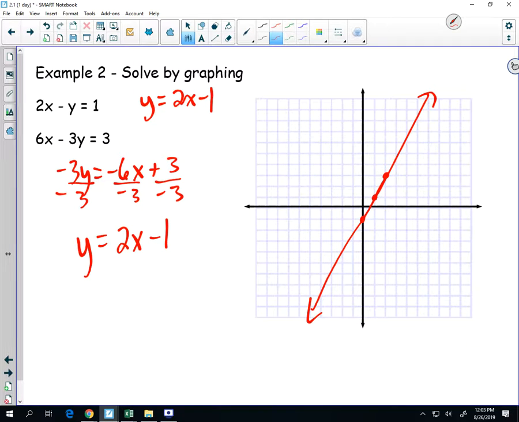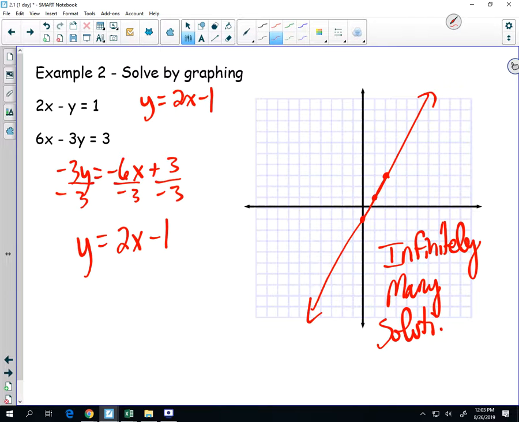When I put it in slope-intercept form, it's the exact same, which means my answer to this is that every number works. And what we say in math class is infinitely many solutions.